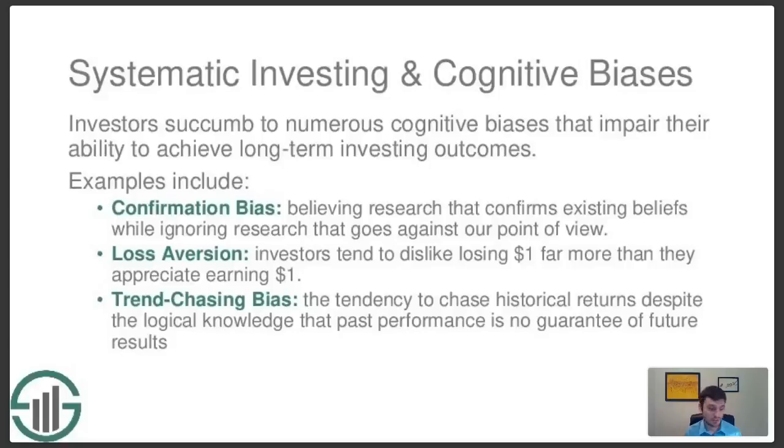So if you invest in a company and they start doing badly and then they cut their dividend and they're really struggling and it looks like they're going to go out of business, you might be like, oh, that's not happening, and you don't want to admit what's happening. Confirmation bias happens to everyone. People in general do not like to hear information that disagrees with their currently held beliefs. And this applies beyond investing.